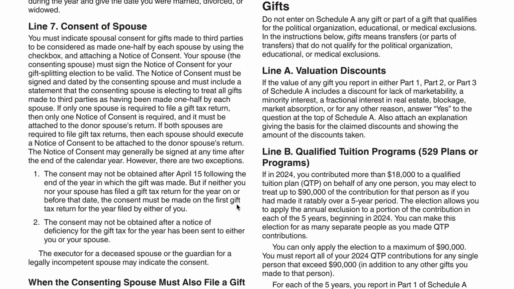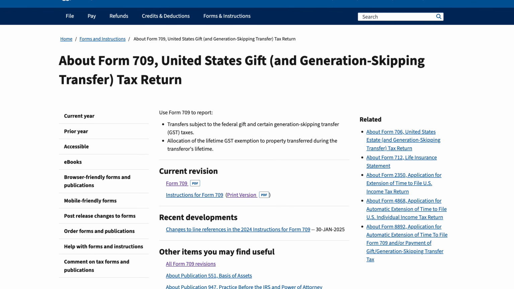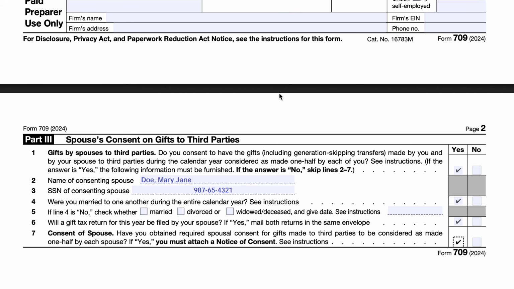So, you can't go back and say, oh, sorry, no takebacks. You can't do that after the IRS is claiming that you owe gift tax. You can do that before that, and it has to be between the end of the year and April 15th.